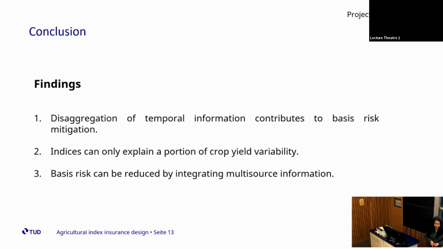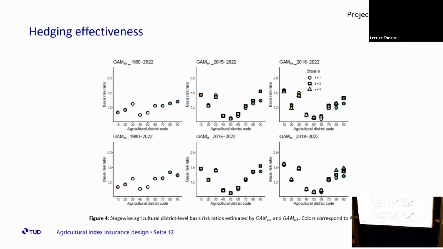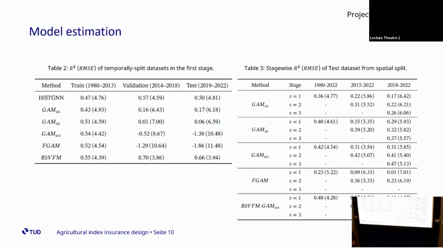So let's make a conclusion. The first finding is that when we use the functional indices, we actually disaggregate the temporal information. From the result, we know that it really works and the basis risk can be mitigated. The second one is that even though we tried so many non-parametric methods and used so many different lengths of time series, the R-square is still not very high.